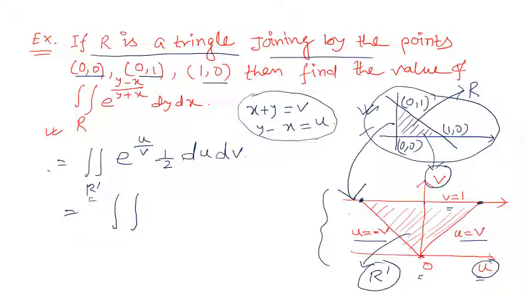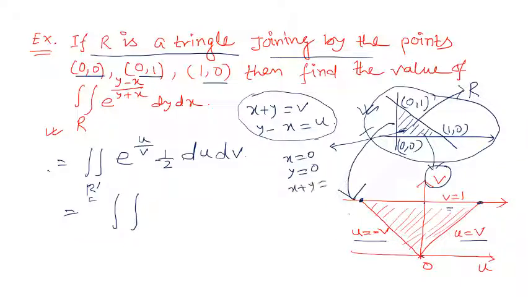So to determine the limits, just look at this figure. This figure is bounded by x equals 0, the y axis, y equals 0, the x axis, and x plus y equals 1, a line.